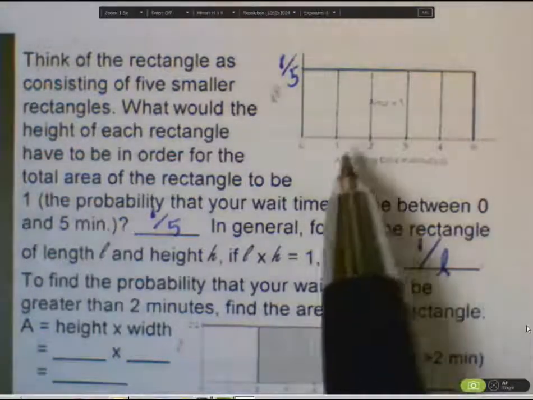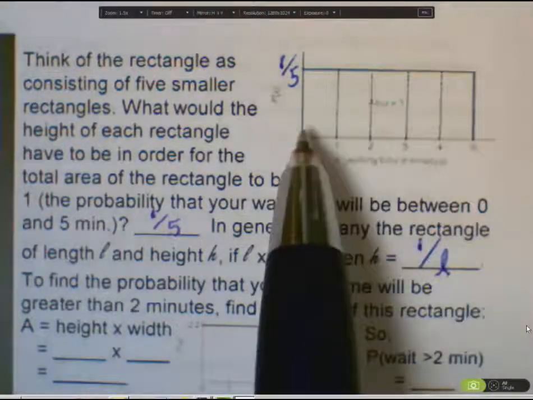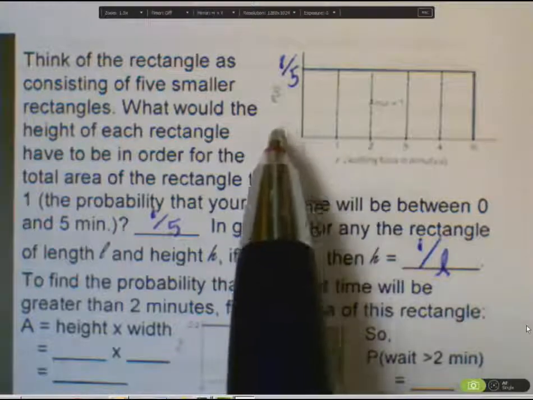So we have a rectangle that is 5 units long and 1/5 of a unit tall, and the area of that rectangle is 1.